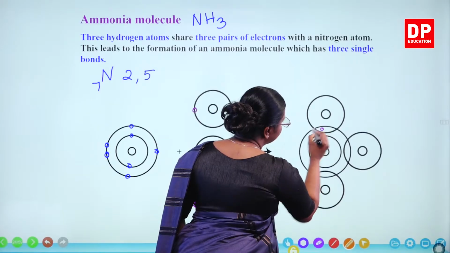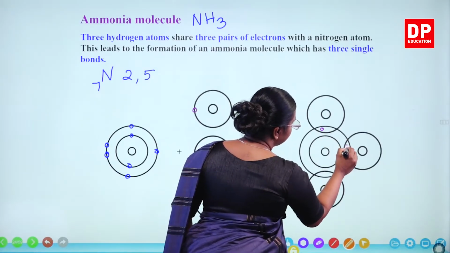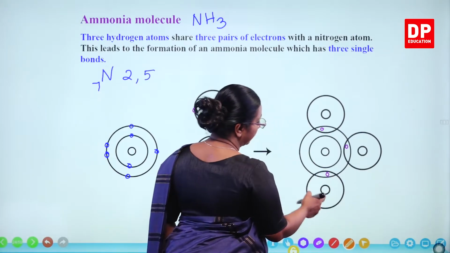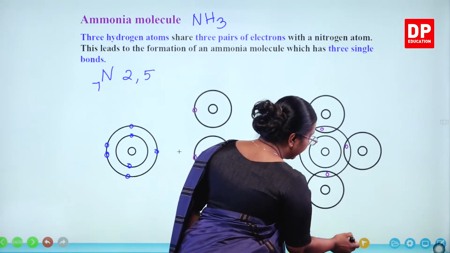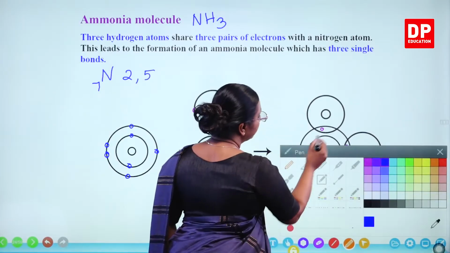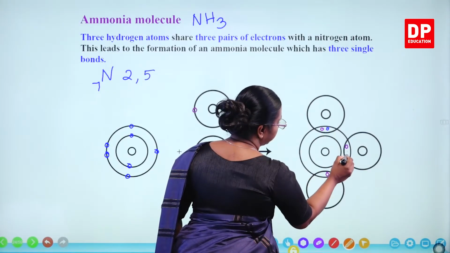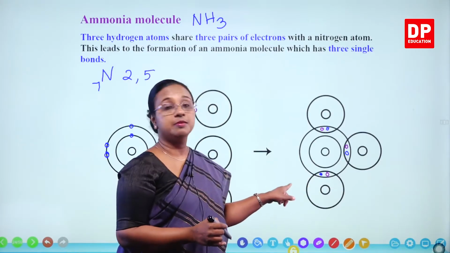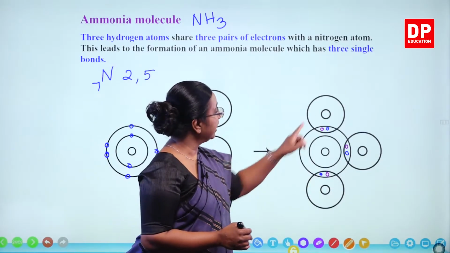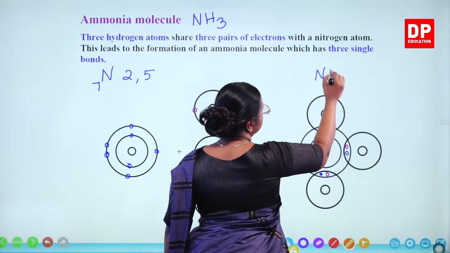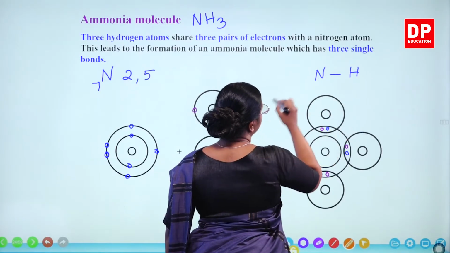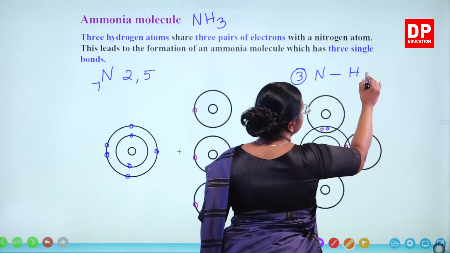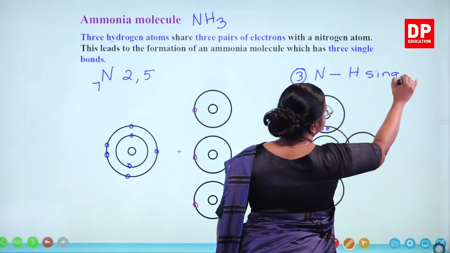There will be 1 electron from hydrogen, another electron for this bond from hydrogen, and the electron from hydrogen for this bond. With that, nitrogen also contributes an electron. So here you can see 3 NH bonds. Like that, there are 3 single bonds, NH single bond.